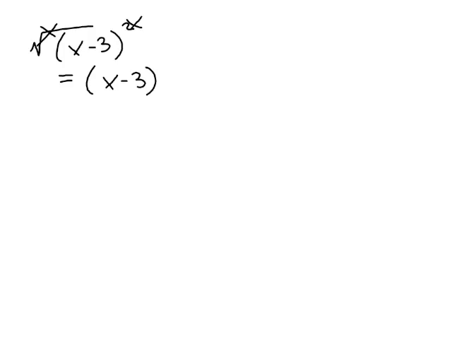Okay, how about this one? I have the square root of x minus 3 squared. What happens when I have the square root and the squared? Okay, they just cancel each other out, so my answer is going to be x minus 3.